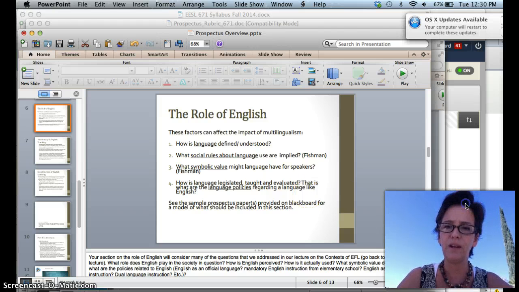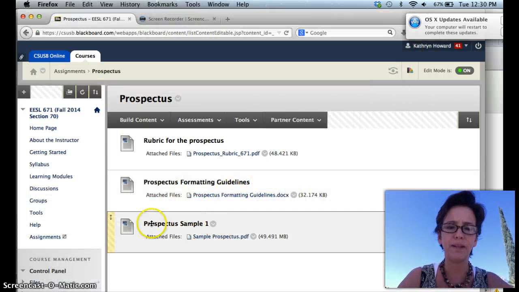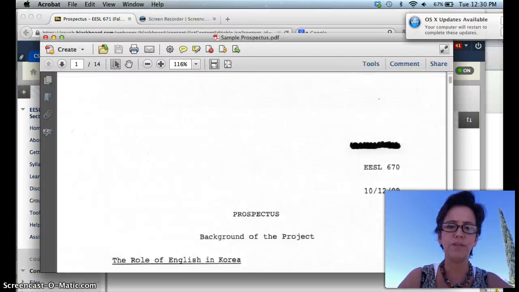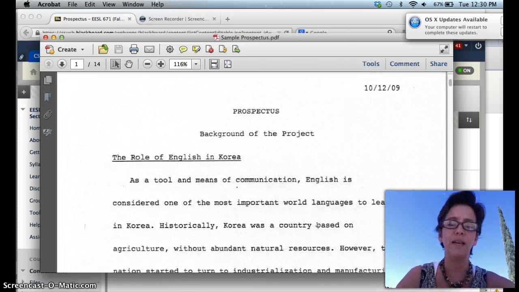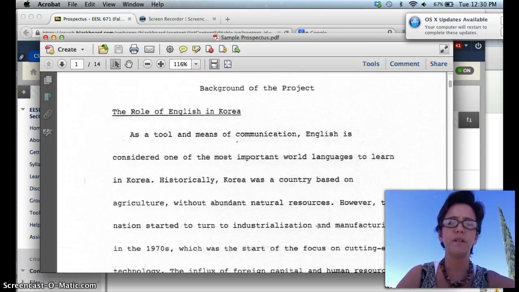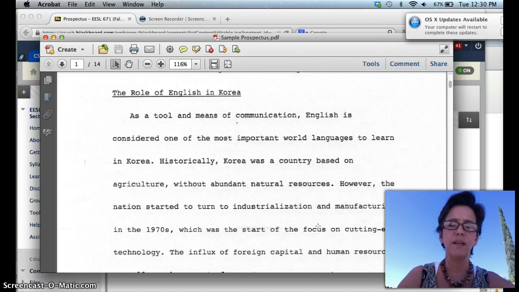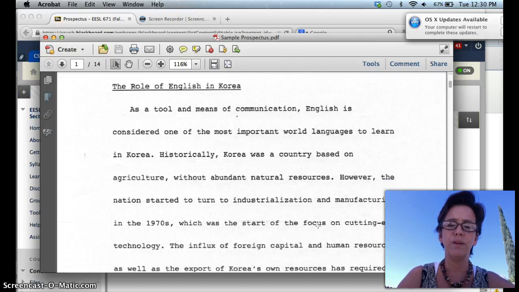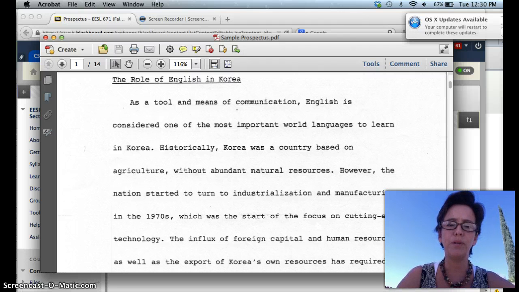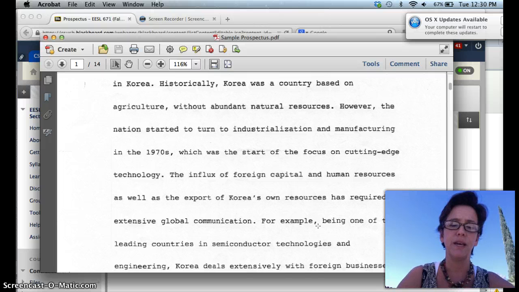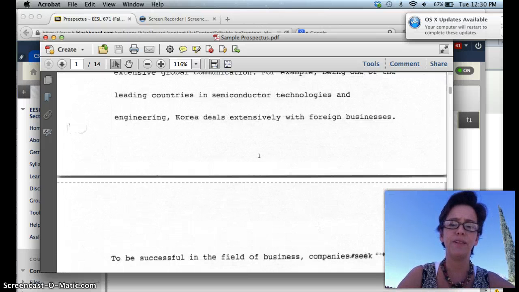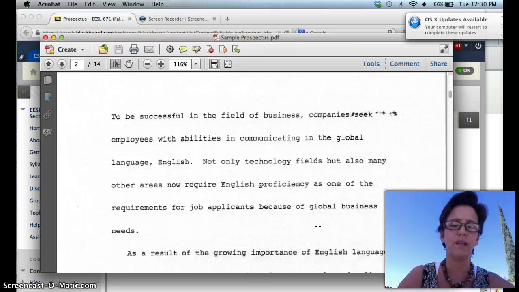And as you can see on Blackboard, there's also a prospectus sample. So you can open this up, and here's what you will see. So this is a sample prospectus from 2009, and it's about Korea. So here, as you can see, the role of English in Korea is talked about in terms of how and why people use English, how English has come into Korea historically, and various aspects of the role of English.